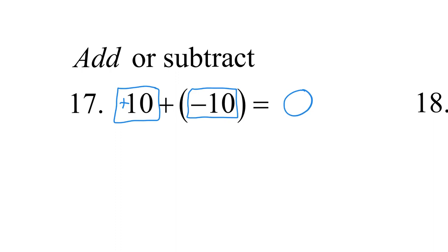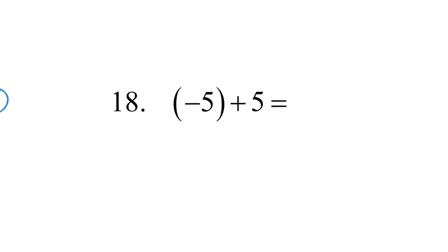Now remember, keep in mind 0 is not negative or positive. It's an actual neutral number, but we do use the number 0. So when you add the additive inverse, you know it's the same number with different signs, well, you will have 0 for your answer. So this one here, we have a negative 5 plus a 5.